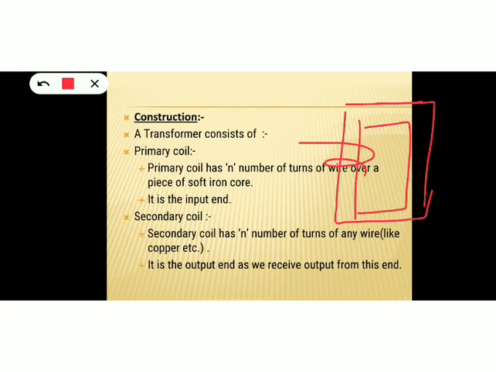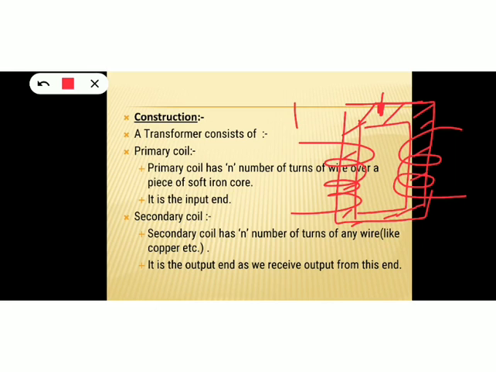Let this be our primary coil and this be the secondary coil. The primary coil has n number of turns of wire over a piece of soft iron core. This is our soft iron core, and the coils are wound over this soft iron core.